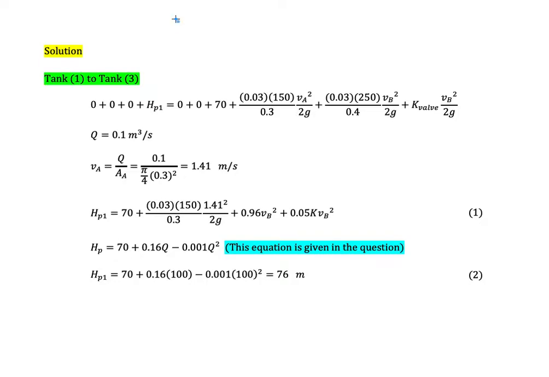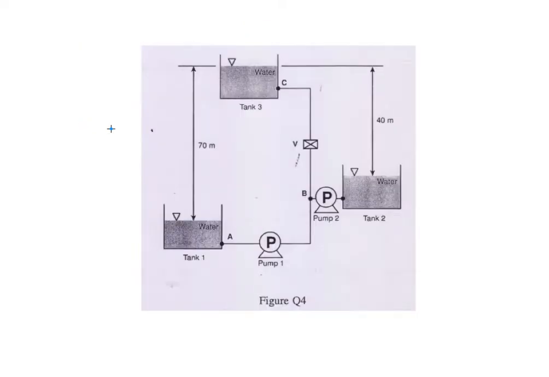So I hope you still remember the Bernoulli equation. We have P over rho g plus V squared over 2g plus Z. So for the inlet here, we will have atmospheric pressure, and the velocity starts from 0, and also we assume that this is the datum.